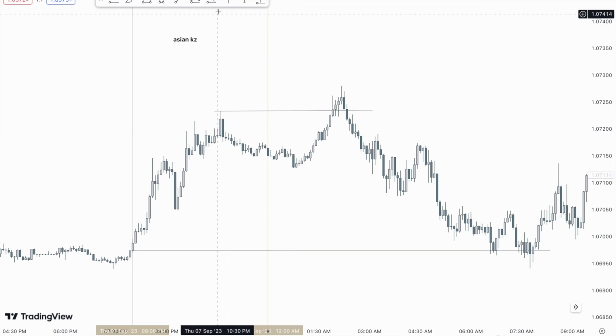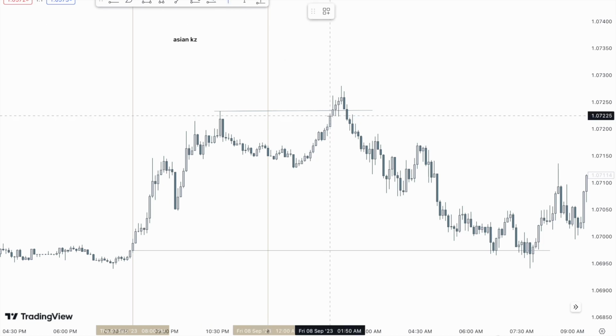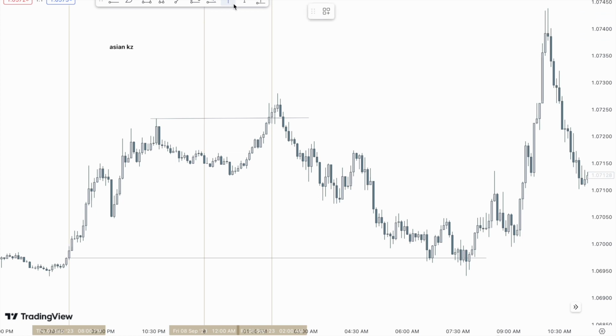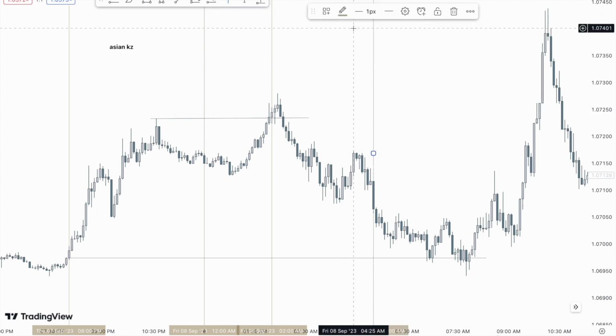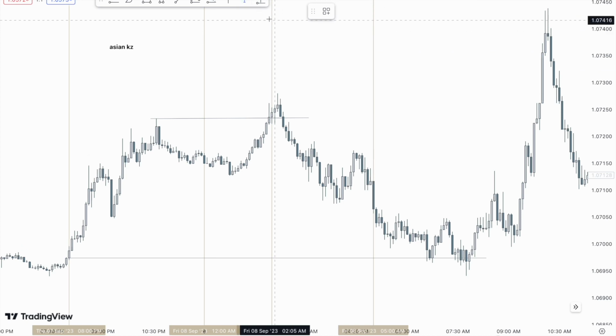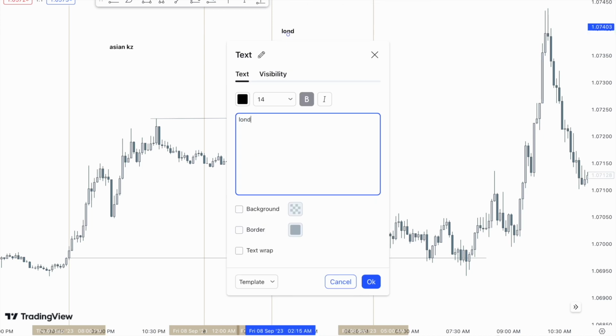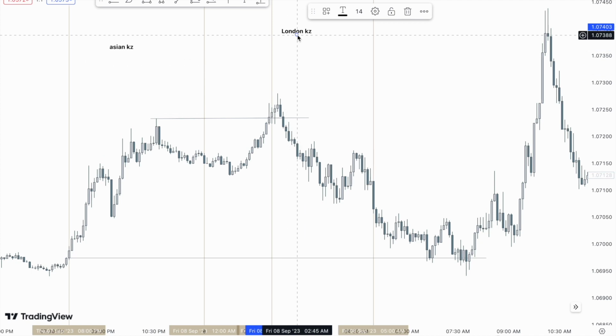Then comes the London kill zone, and the London kill zone starts at 2 a.m. New York time and it ends at 5 a.m. New York time. Let me write it. This is your London kill zone. Now there are a few things that you need to do during the London kill zone.